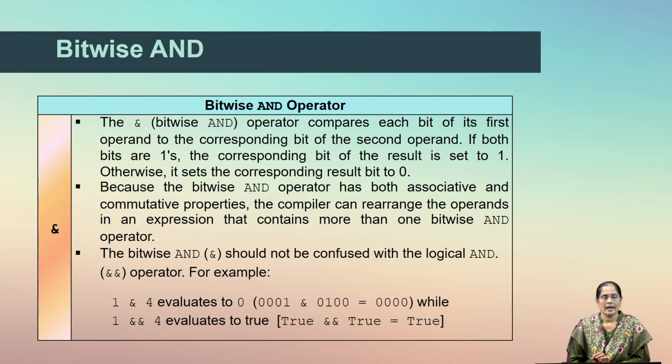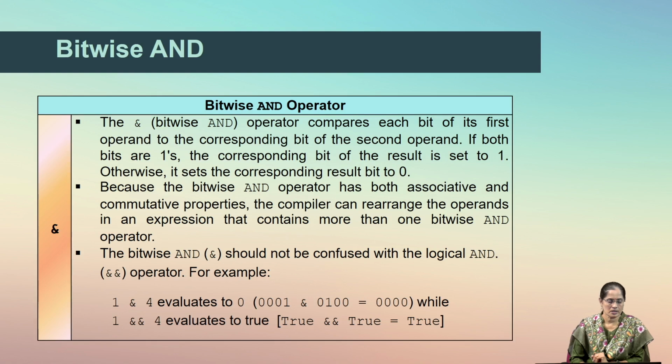The bitwise AND operator should not be confused with the logical AND operator. We use the double ampersand symbol for logical AND, which is used for operating on expressions, but here the single ampersand is for the bitwise AND operation, which is used for evaluating at the bit level.